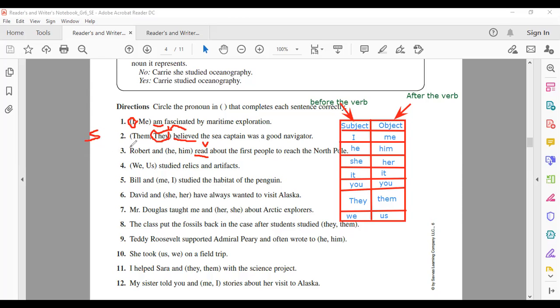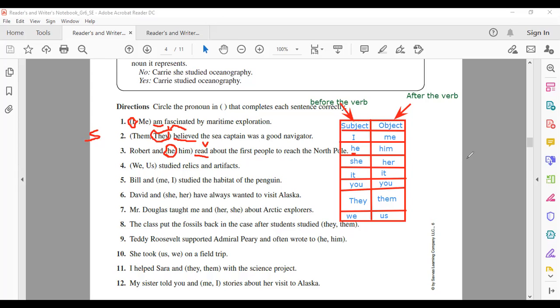Subject. So we have Robert and he or him? He, because this is subject. So I will choose he. Robert and he read about the first people to reach the North Pole. So it will be he, not him, ya Malak. Focus, okay? And never say that 'and' is a verb again, or I will come through the screen and grab you.